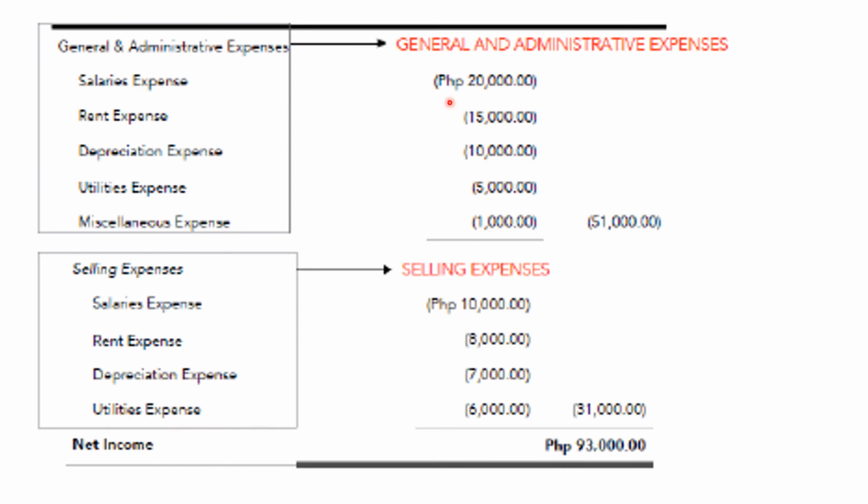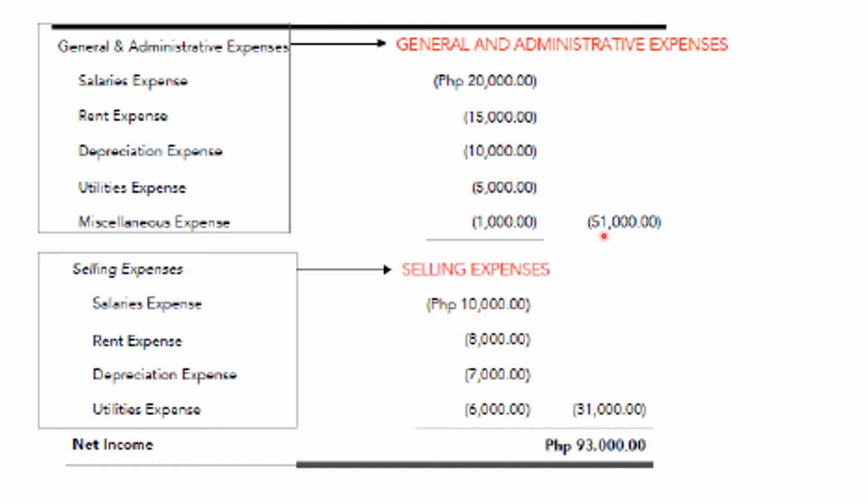So we have to add this. So 20,000 plus 15,000 plus 10,000 plus 5,000 plus 1,000, we have 51,000. So that is the total of the general and administrative expenses. And for the selling expenses, we have 10,000 plus 8,000 plus 7,000 plus 6,000, we have a total of 31,000.